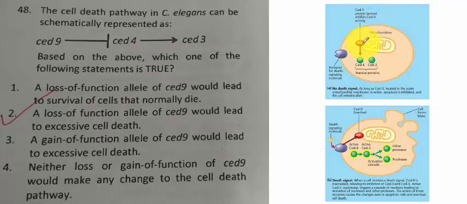Here you can see CED4 is coming from the mitochondria to the nucleus in the inactive condition. CED4 interacts with the CED3 protein, and here you can see the receptor for the death signaling molecule.